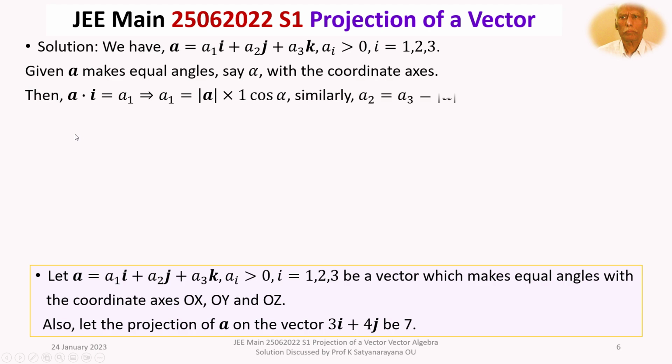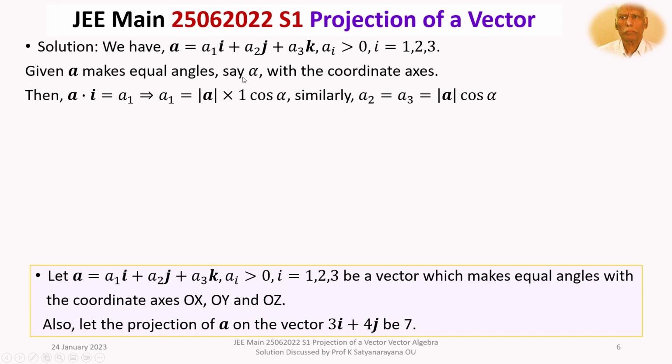Then the dot product of vector A with i: a1i plus a2j plus a3k dot i is a1. A dot i is mod A into mod i, that is 1, into cos alpha, the angle between A and i, so a1 comes out to be mod A cos alpha.